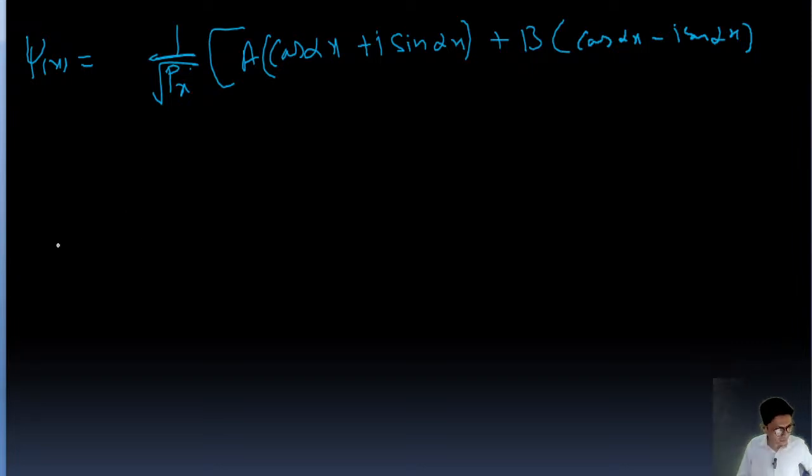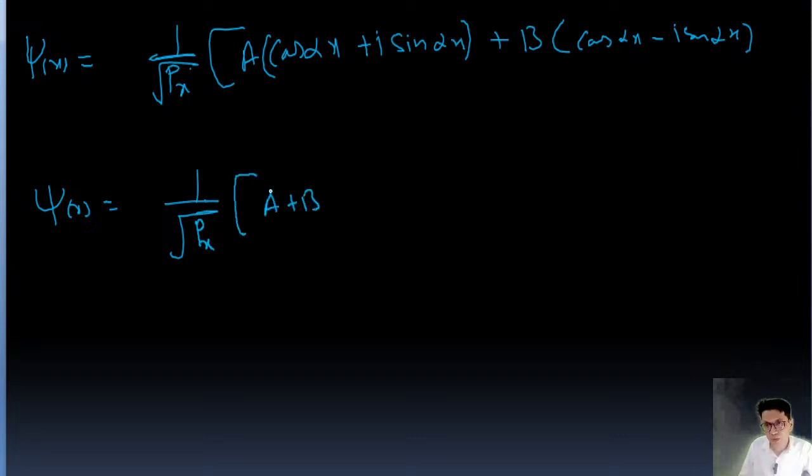So this value psi x is going to be 1 upon root px into a plus b cos alpha, plus a minus b sin alpha.